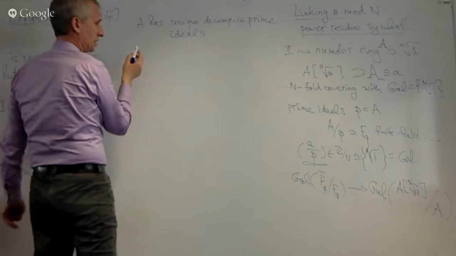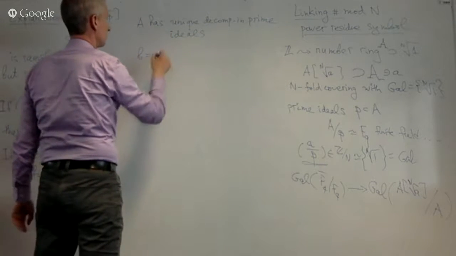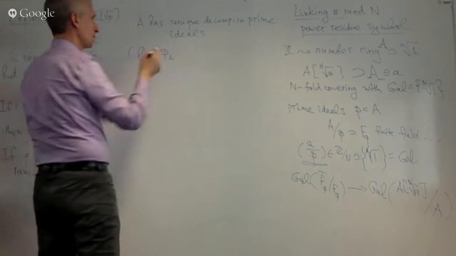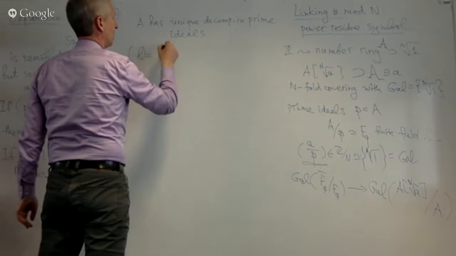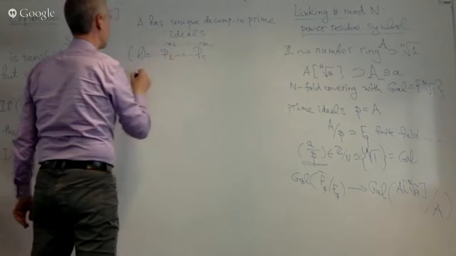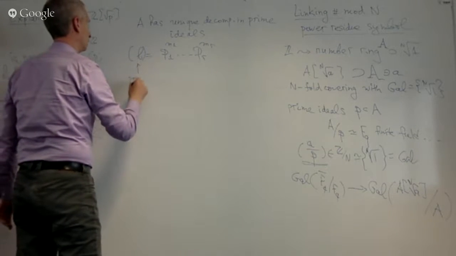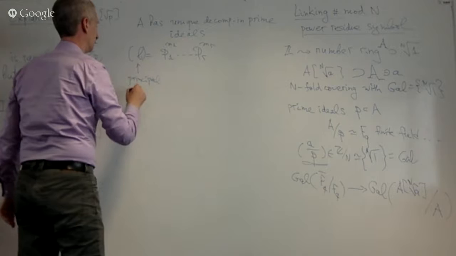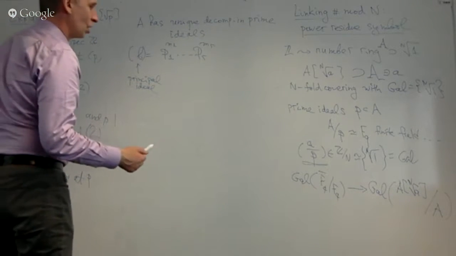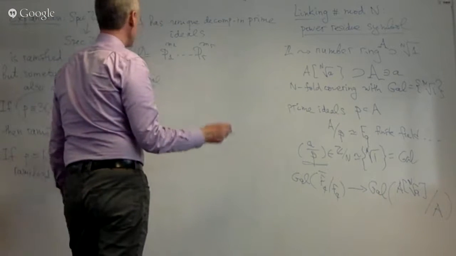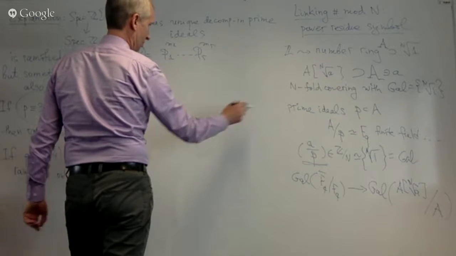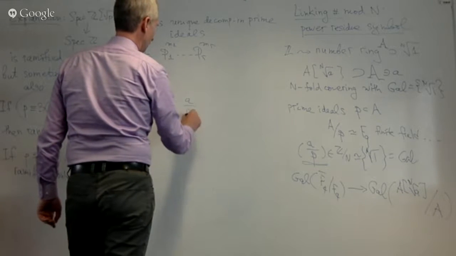Any element, say B, can be written so that the ideal corresponding to element B is P1 to some number M1, up to PR to some number. That's the principle. So then we can define A over B equals the product of A over Pi.